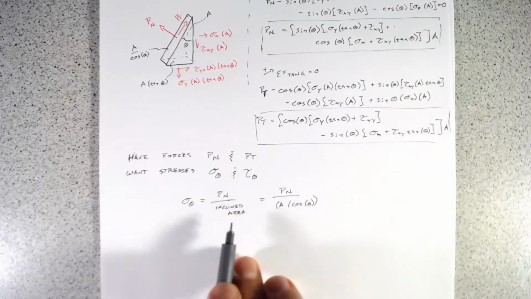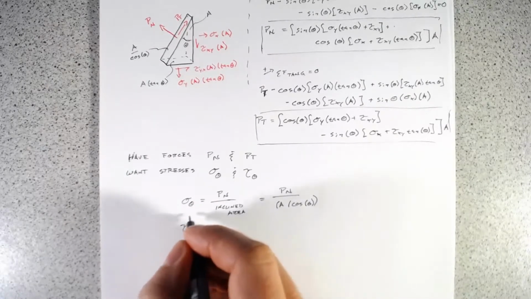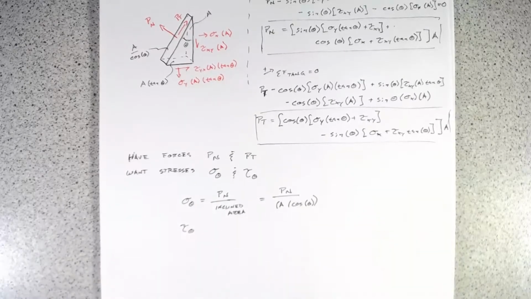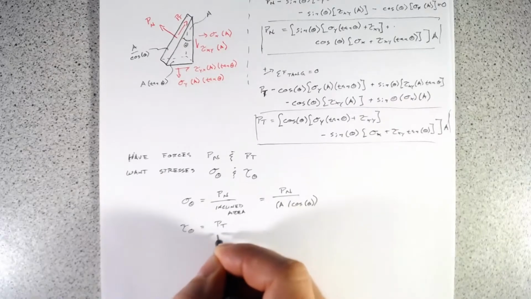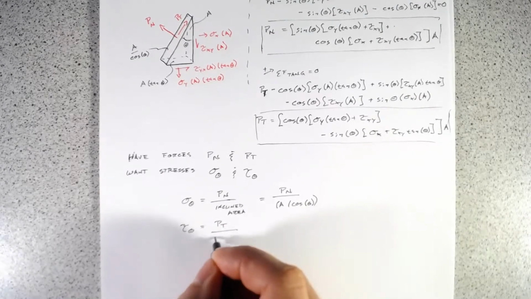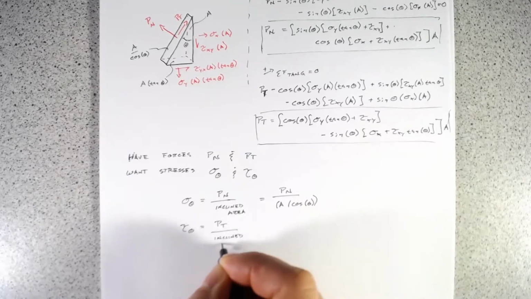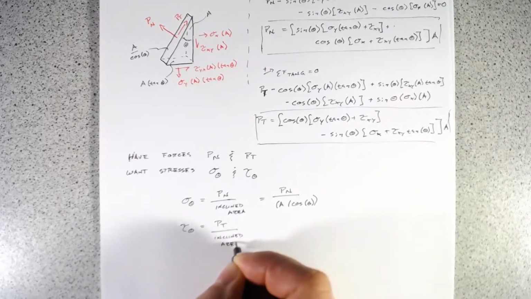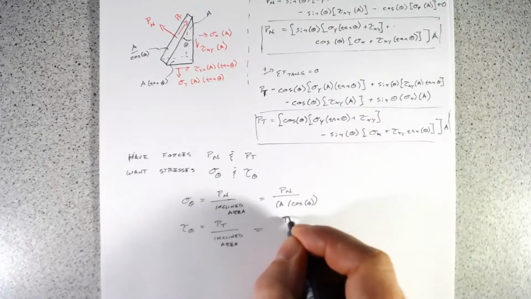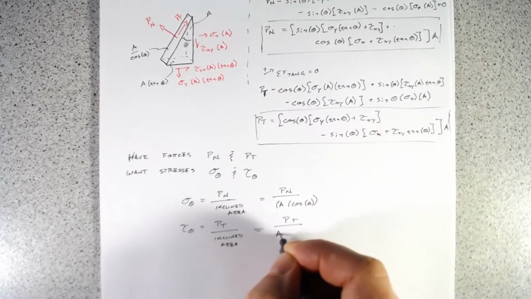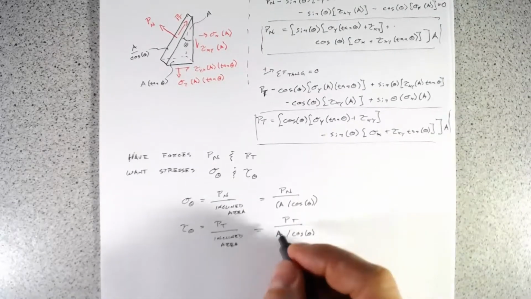And similarly, if we want to look at the shear stress, tau theta, that's just going to be our tangential force P_t divided by the inclined area. And that's again equal to P_t divided by A divided by cosine theta.